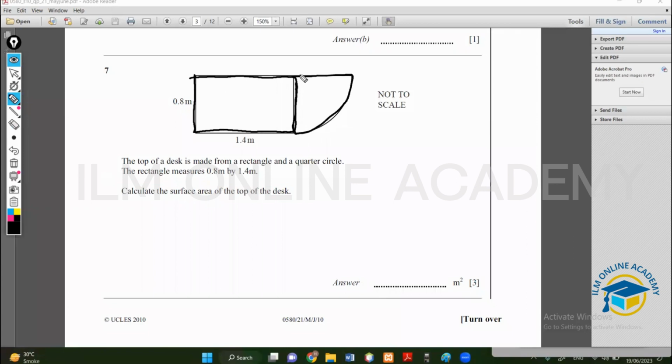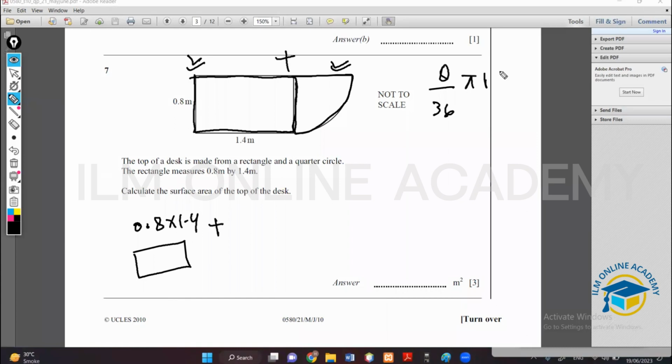So the easiest approach would be to first calculate the surface area of each and then add them both. The surface area of the rectangle would be just 0.8 multiplied by 1.4 meters, plus the surface area of this quarter circle. The formula for the surface area of the quarter circle is theta over 360 times pi r square.